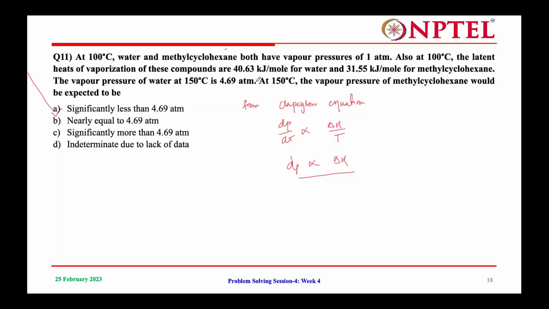Initially, the latent heat given at 100 degrees Celsius is 40.63 kilojoule per mole for water, which is greater than that of methyl cyclohexane. So the pressure for methyl cyclohexane should be less than 4.69. All of you getting it or not? Yes sir.